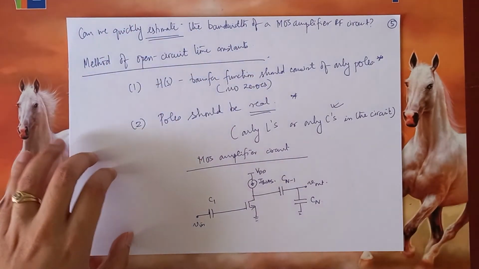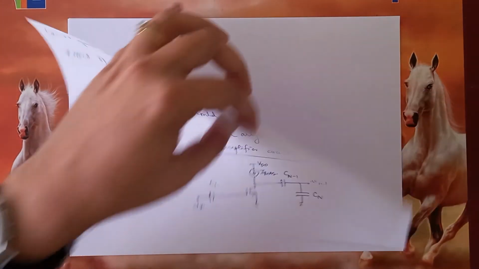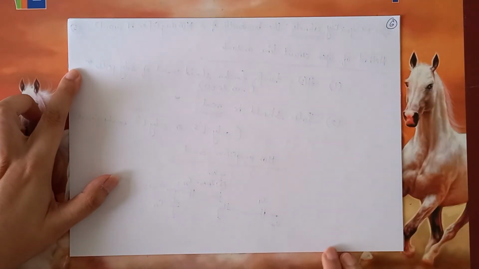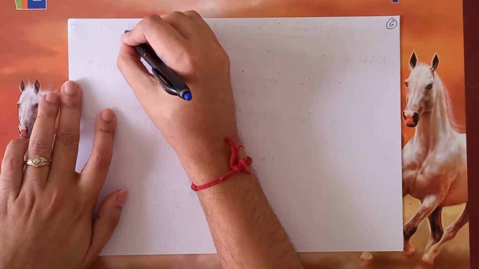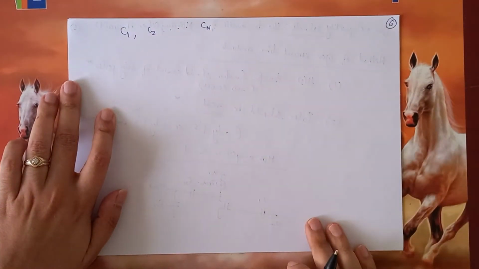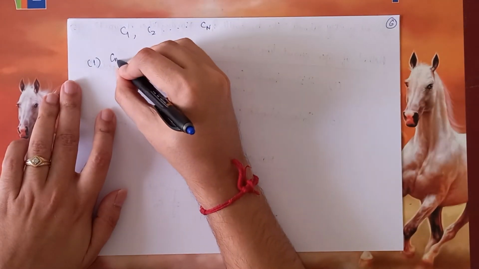Now the way to go forward over here is this. Now comes the fun where we will actually see what open circuit is. Let us say there are n capacitors, C1, C2, all the way till Cn. So what we'll do in step 1, we'll consider C1.